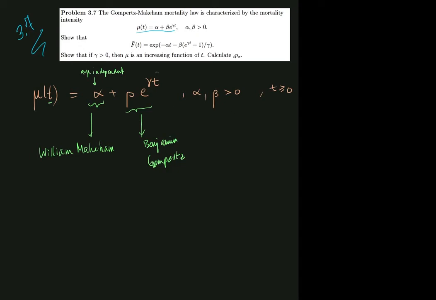On the other hand, here we have the age-dependent part, where we can see that as t changes, this thing will either increase or decrease depending on the value of gamma. And that's stuff such as more death due to, for example, age-related illness or death due to just age in general. So the Gompertz-Makeham mortality law has two aspects, which is also why it's quite popular, because the interpretation is very, very intuitive.